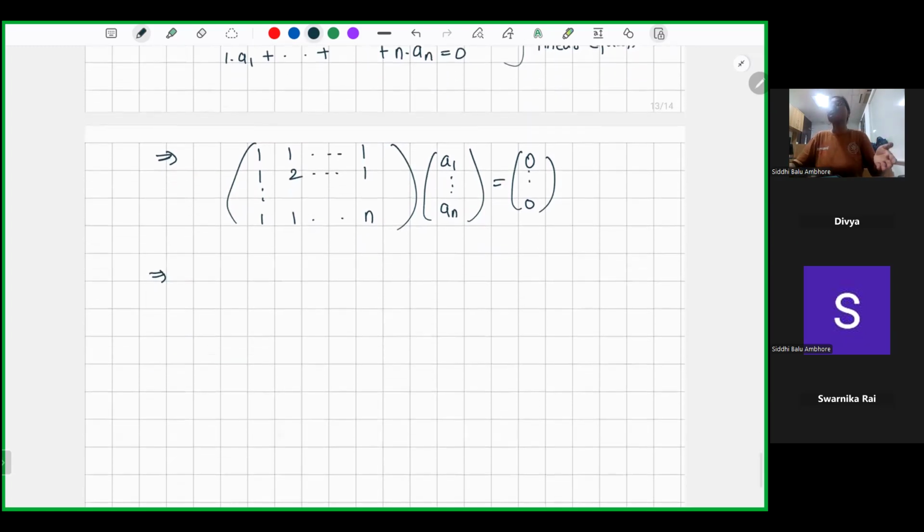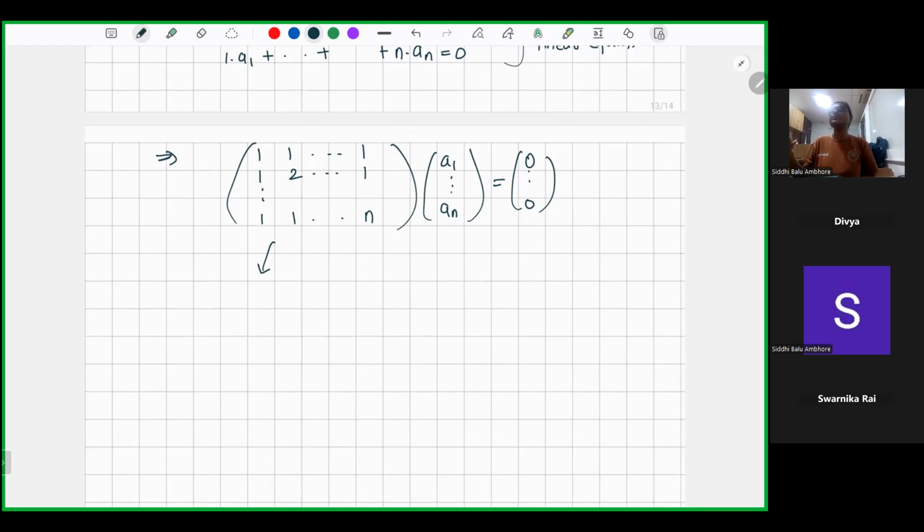In case of a homogeneous system, if I want to show that something has a unique solution, what do we need to prove? If you remember, from the lecture before last, for the homogeneous case there are only two possibilities: either there is a unique solution or there are infinitely many solutions.